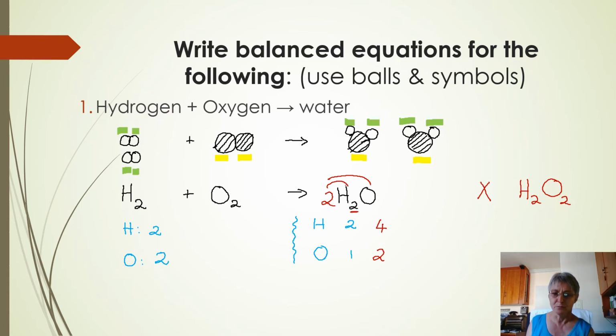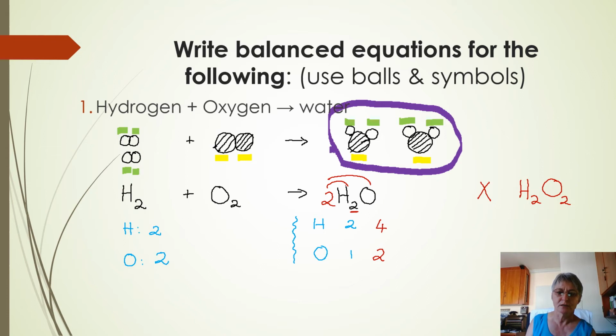So we have to multiply the water molecule's formula by 2, which makes sense if we look at this situation here where we use the ball diagrams to write a balanced equation, and that is where that 2 comes in. Okay, so we've got 2 molecules of water forming.